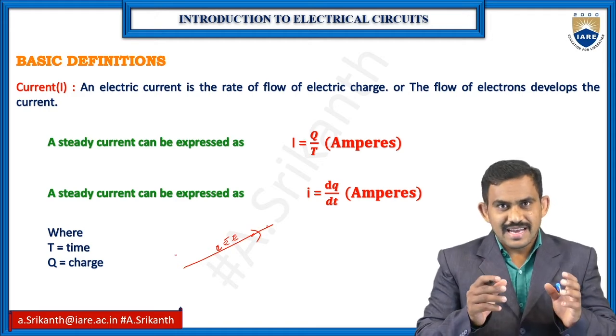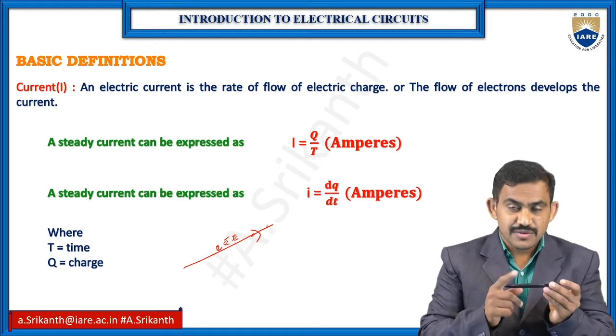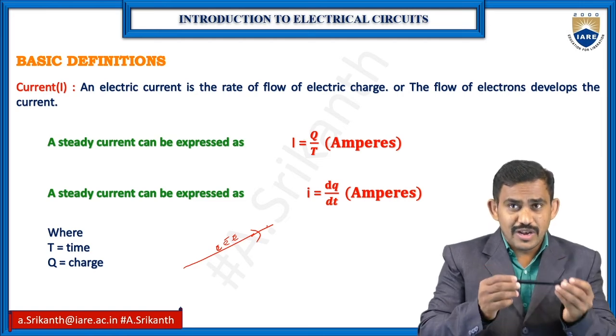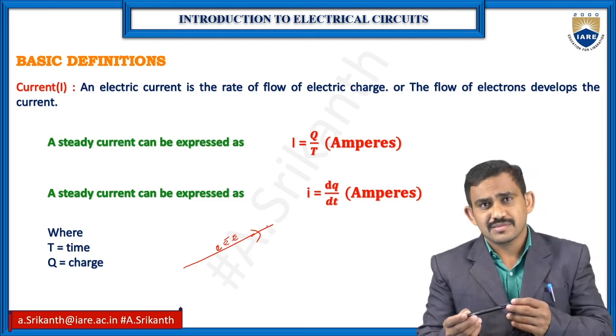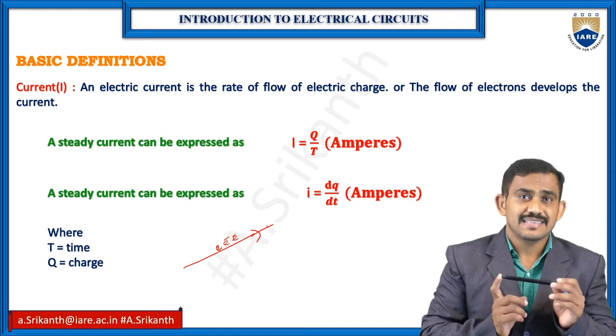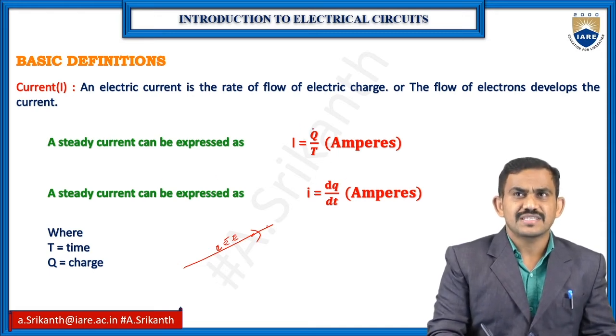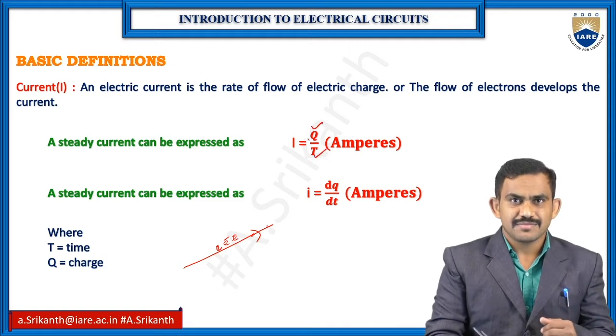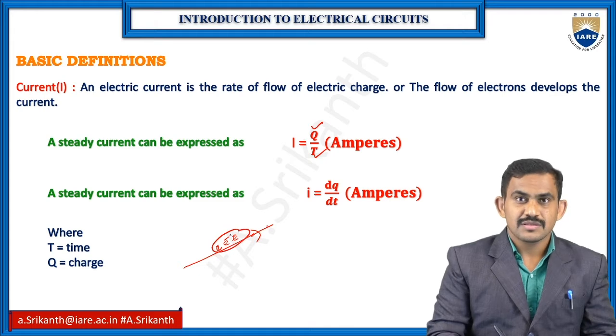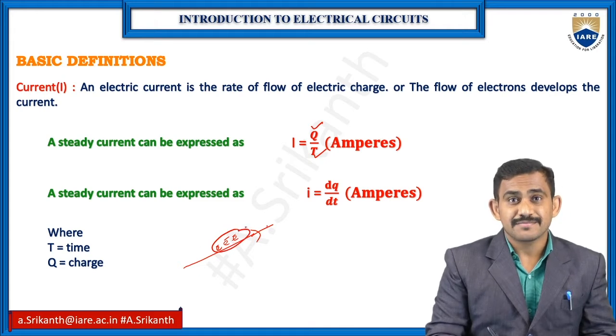The electrons flowing from one place to another place is nothing but your current. And the equation for the current is charge by time. So the electrons flow depending upon time. So charge by time is nothing but your current.